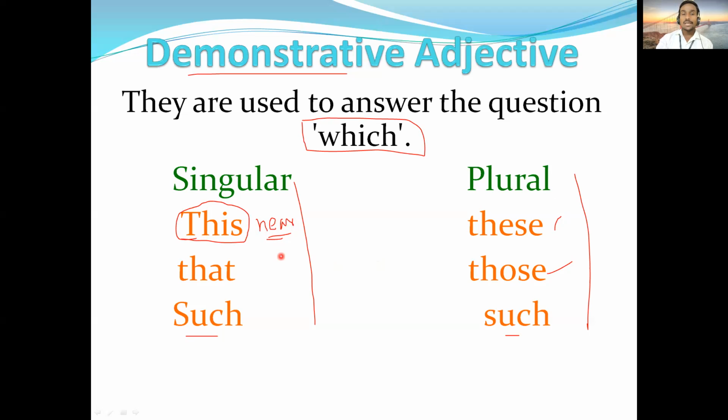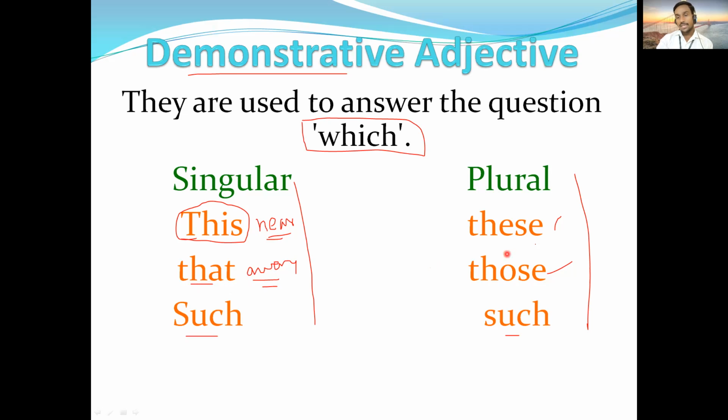And if I am pointing at something away from you, then that will be used. When I say that house is built by a builder, the house is away from me.